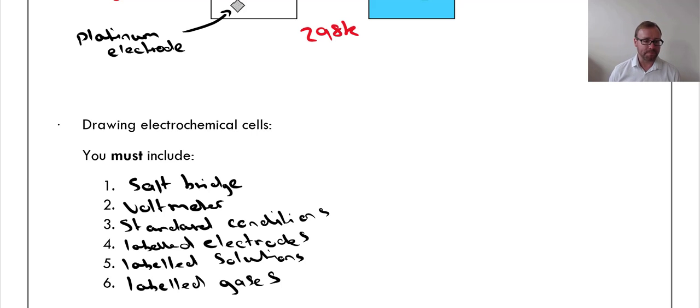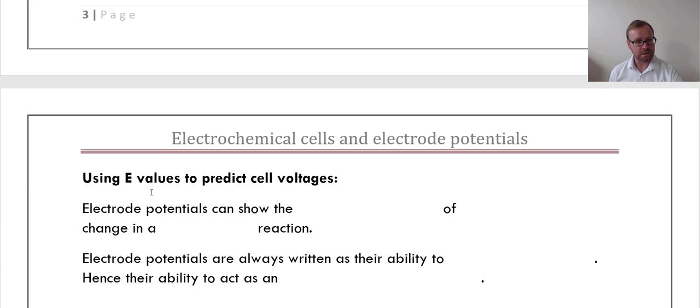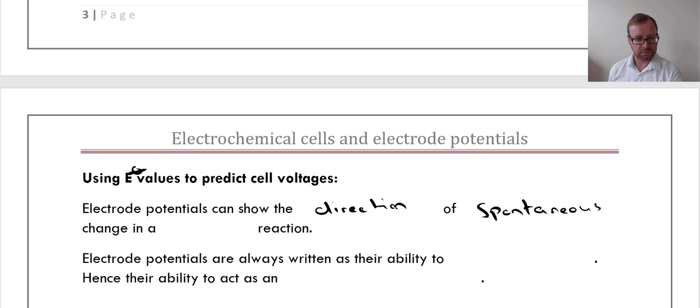Okay, so moving on. Using E-values to predict cell voltages. And these are standard E-values, so it should be a standard here. Electrode potentials can show the direction of spontaneous change in a redox reaction.